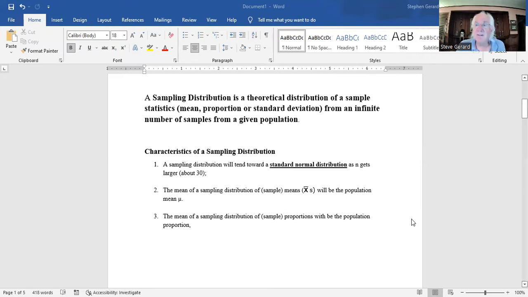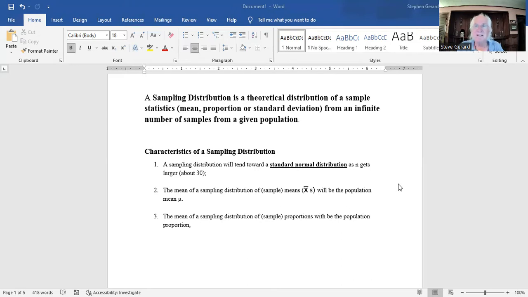Since you're doing an infinite number of samples, the mean of a sampling distribution of sample means, say X bars, will be the population mean. Now, how do we know this? Mathematically, I can prove it. It could be proven. I'm not going to try and do that tonight.